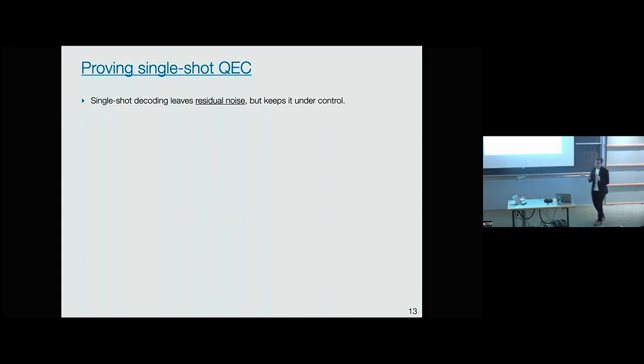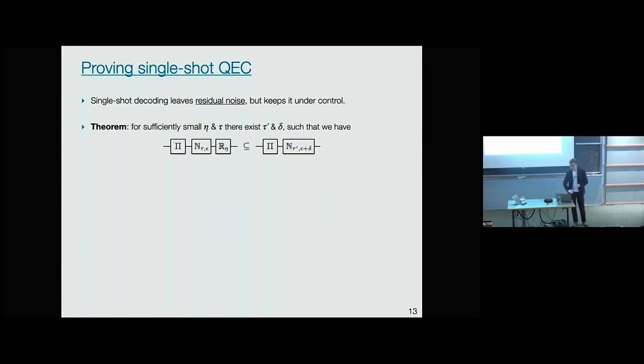To prove that a system has the single-shot quantum error correction property is to prove that the residual noise that is left in the system is kept under control. And this intuition can be formalized with the following theorem. For sufficiently small parameters eta and tau that capture the measurement error rate and the physical error rate, there exist some other 2 parameters, tau prime and delta, such that the following inclusion is satisfied.